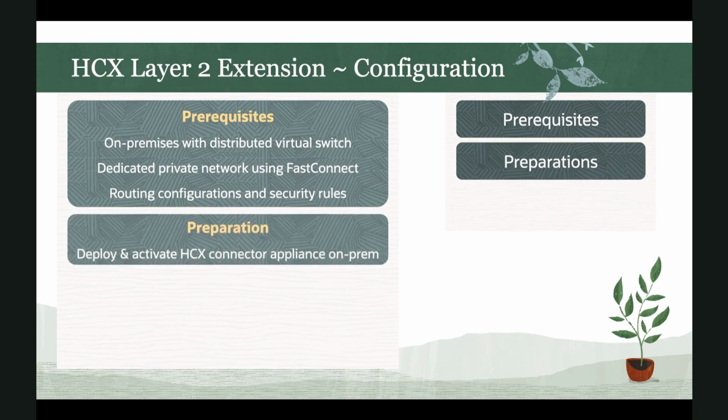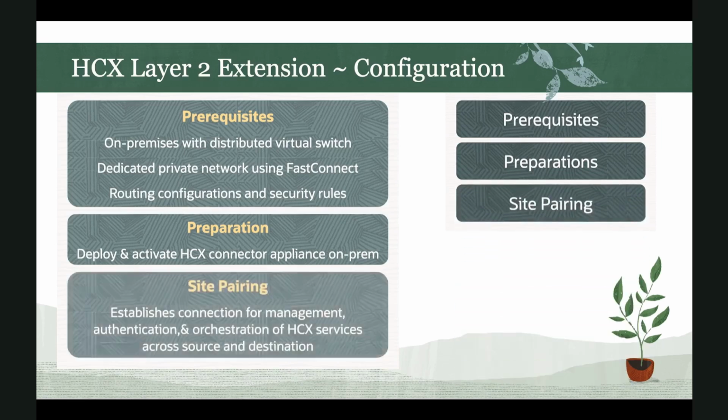As part of the preparation, the first step is to download and deploy the HCX Connector appliances at on-premises. Now remember, HCX Manager is already deployed as part of OCVS SDDC deployment, and the connector is to be downloaded from the HCX Manager interface, and then deployed on-premises, followed by activating the product using the key provided by HCX Manager.